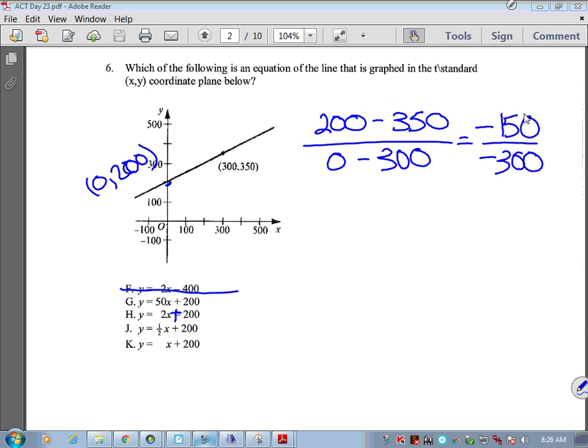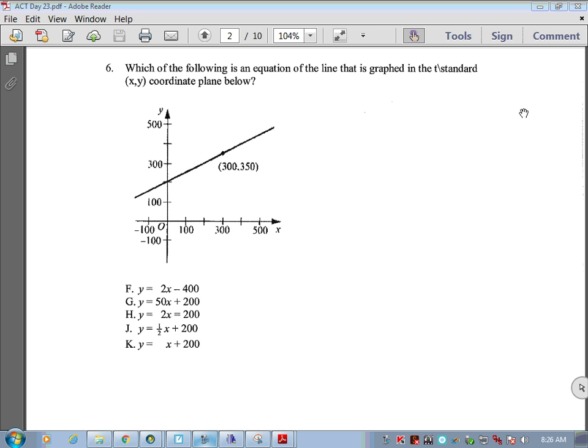So I want to simplify negative 150 over negative 300. We know it's positive because we got negative divided by negative. Should be what, 1/2? Okay, positive 1/2. So I got a slope of 1/2, and a y-intercept of 200. That makes sense? Okay.